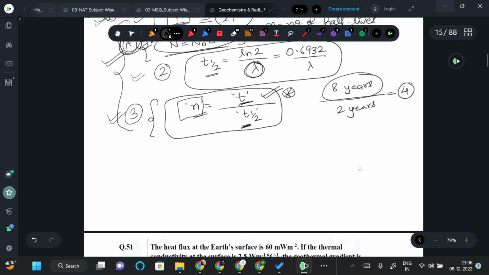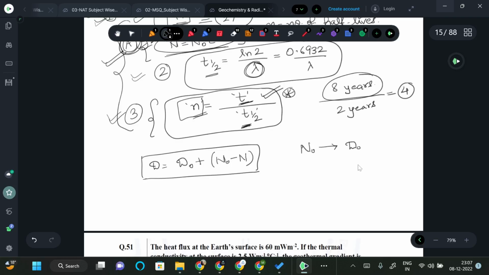There are some more like that, which depend on daughters. Like if we say daughter product, D equals D naught plus N naught minus N. This is one equation. How did this come? N naught gives D naught, N gives D. Basically this is at time t naught, this is at time t.